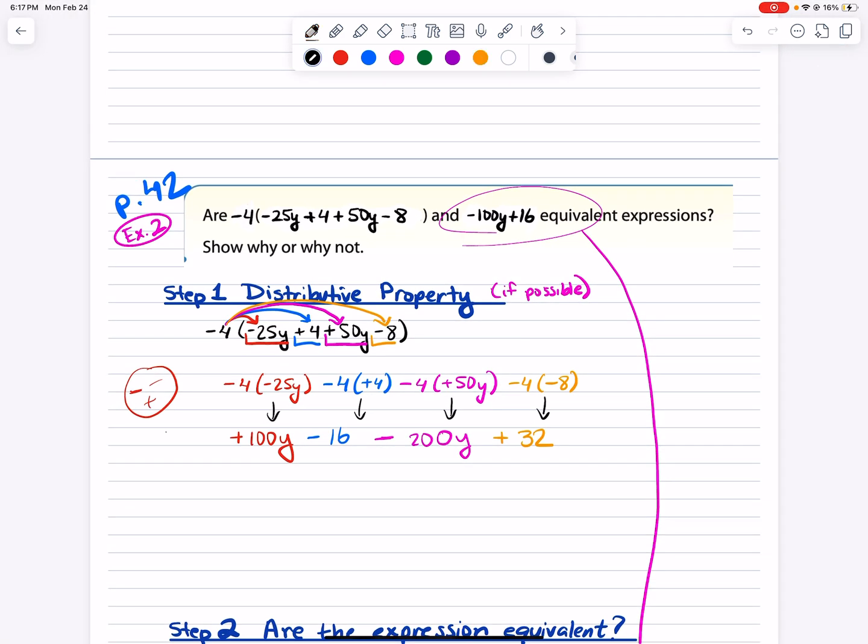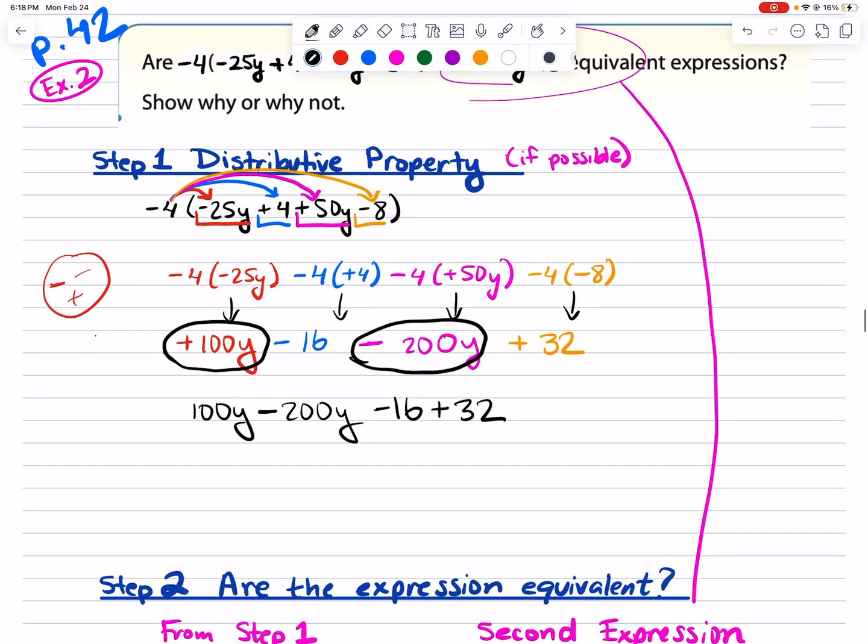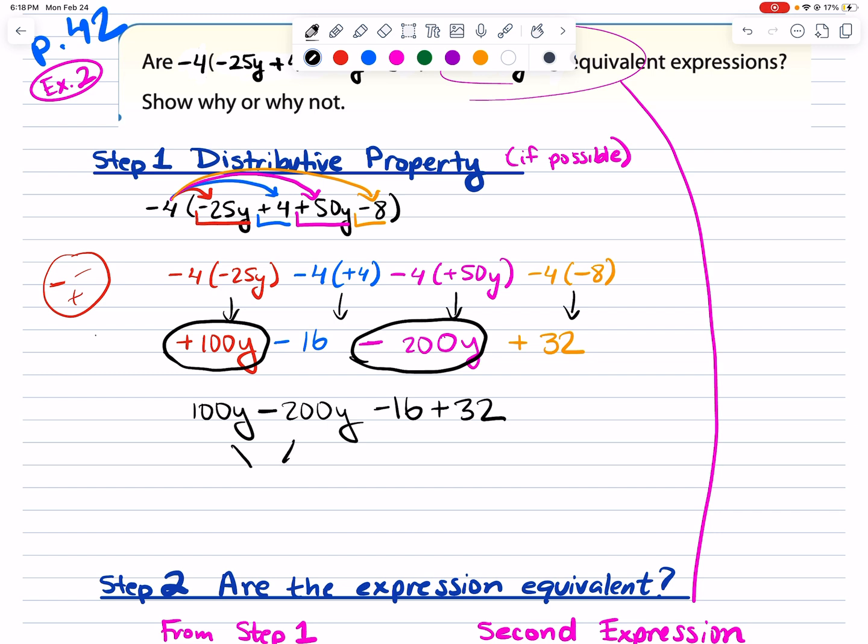Now from here, we can combine like terms. I'm going to circle my variables first because I just want to add those together. 100y minus 200y, and we have minus 16 plus 32. Well, let's go. You combine these together. 100 minus 200, those are different signs.